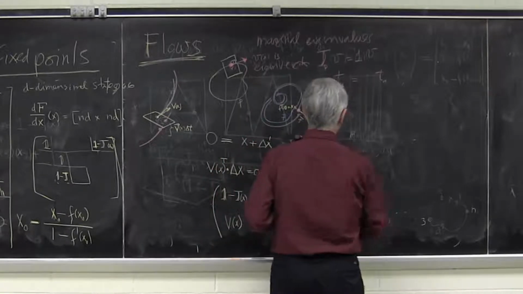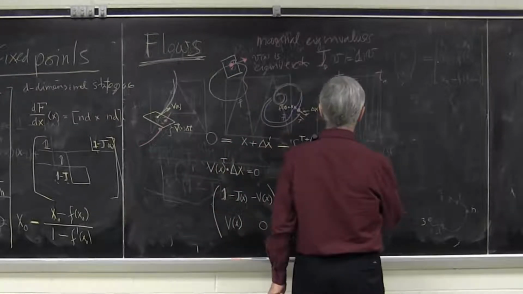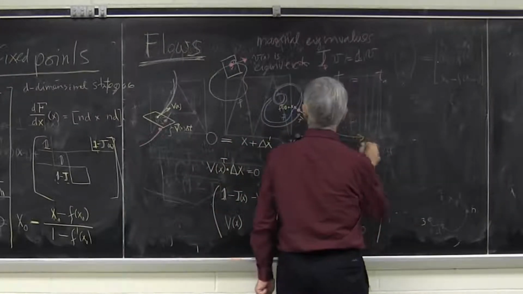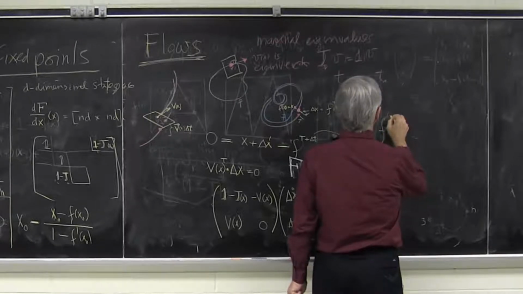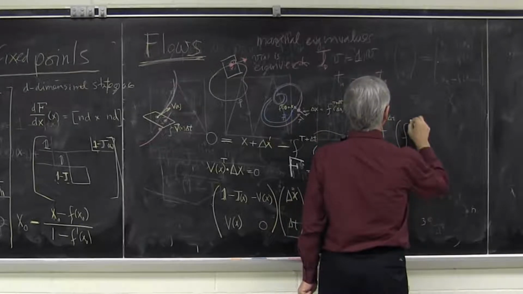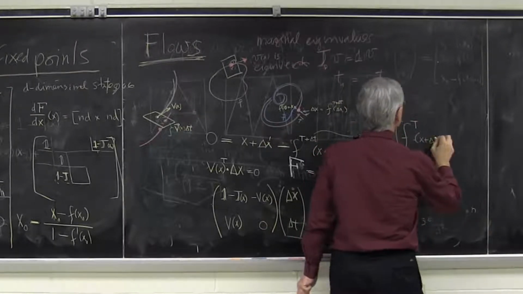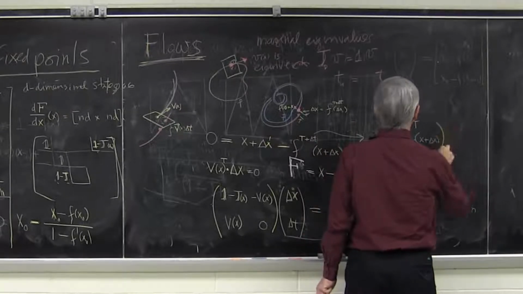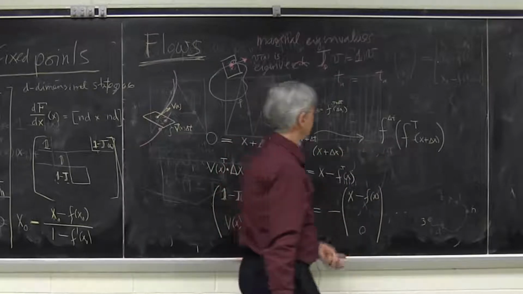So I had to write this using the group property of the flow. I had to write this term here, I can write as f dt acting on f of t of x plus delta x. So that's just identity, right?